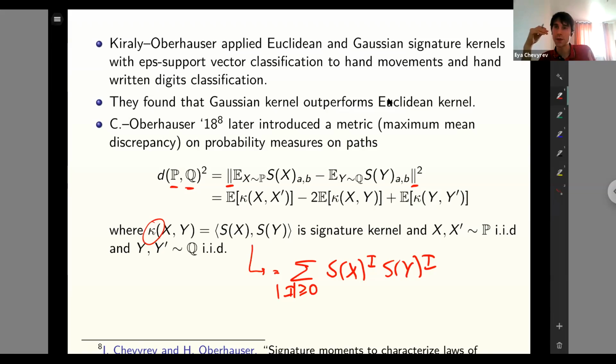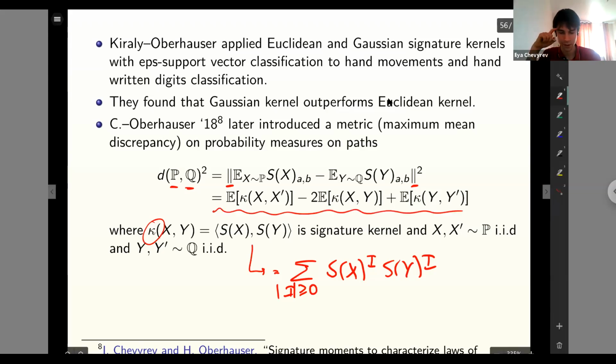You can use the structure of the norm, that it comes from an inner product, to simplify this difference into an expression of this type. It's called the reproducing kernel property.